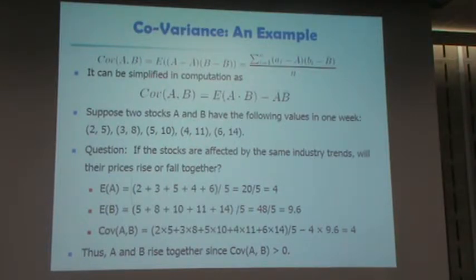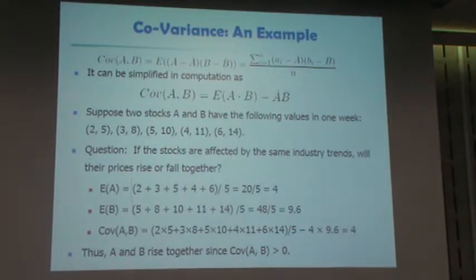The expected mean value is the sum divided by 5, that's 4, and for the other one it is 9.6. Then we can subtract each data and multiply, so 2 minus 4.